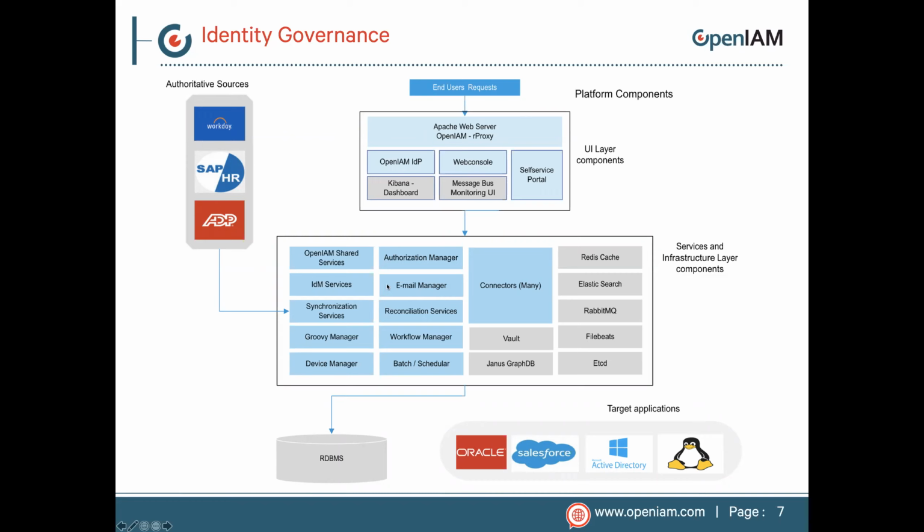Since we have a services-based architecture, you'll see that there are a lot of services available, and they're broken up by the kind of things that they do. Shared services, for example, are services which are used by IGA and access management, and they're common to the platform. So things like user management, your audit, your access control model, those are not unique to IGA or web access management.